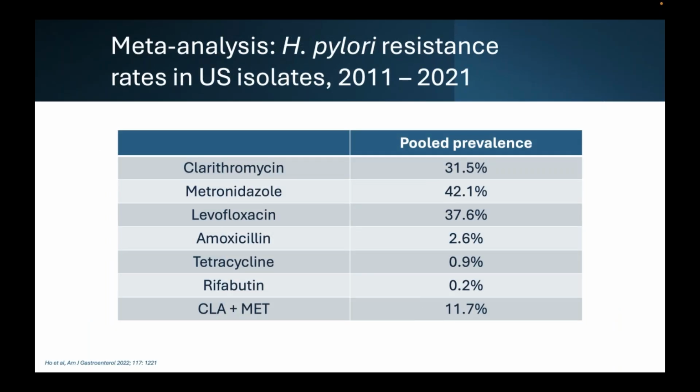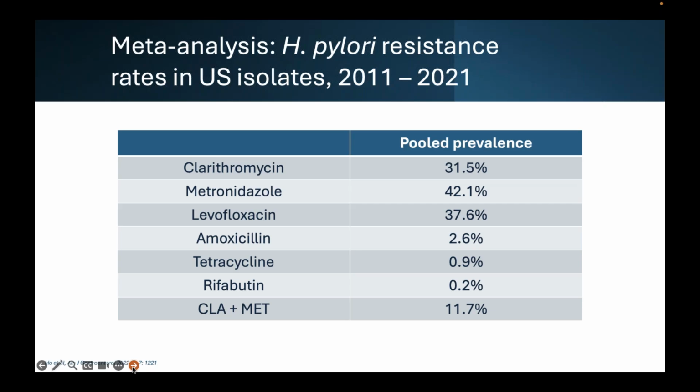Again, this is a study from Dr. Moss's group in Rhode Island. This looks at the pooled prevalence of resistance to various antibiotics determined from testing isolates of H. pylori over a decade. You can see that the pooled prevalence of clarithromycin resistance was over 30%. And clarithromycin resistance is an absolute phenomenon. So if it's present, it really doesn't matter how much clarithromycin you throw at it, you're not going to eradicate the infection.